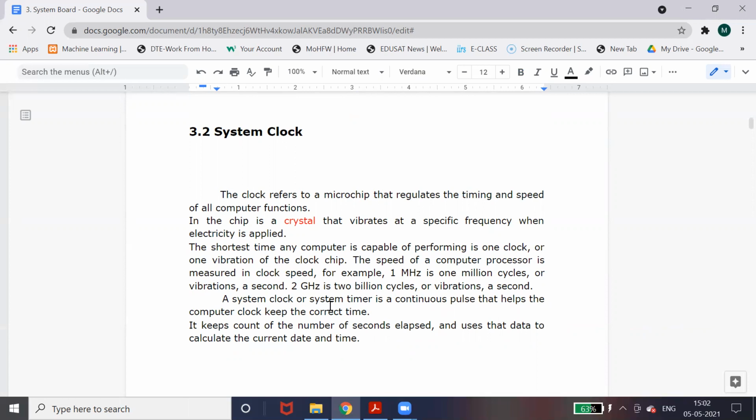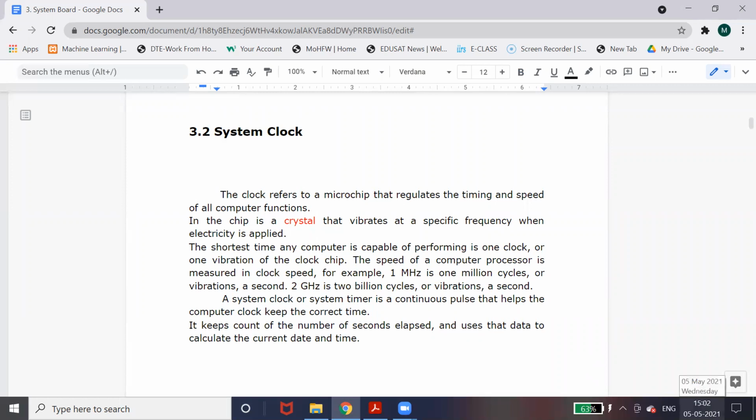The processor also has a clock, the processor clock, and parallelly the system clock is running. The difference is that when a process execution stops, or there is a failure in the execution of any program, the process clock will also stop. But the system clock runs persistently without stopping. That's why it gives the correct time.